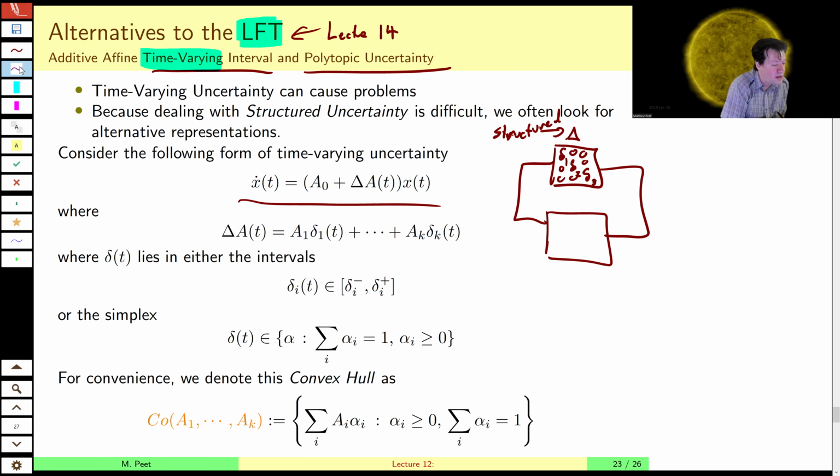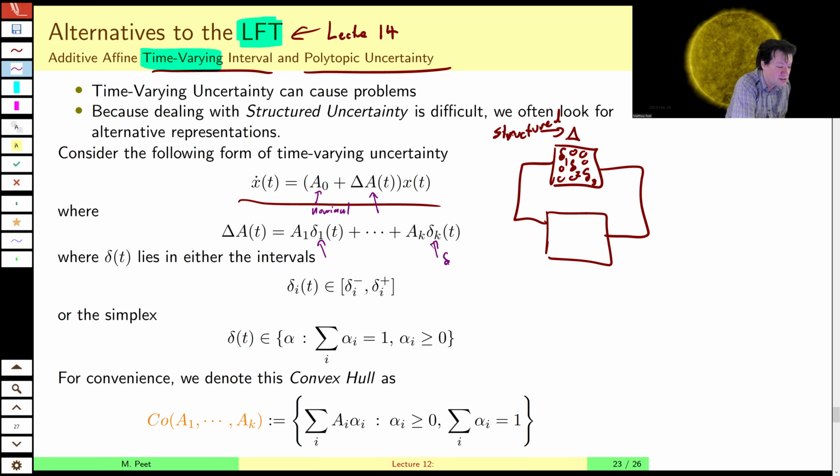So just remember what these are, right? Here, interval uncertainty. We've got a nominal plant, nominal system matrix, and then we have some perturbation of that. And the perturbation can be either polytopic or interval. Let's take the interval case. We have certain parameters.